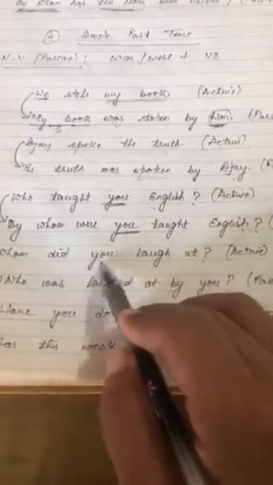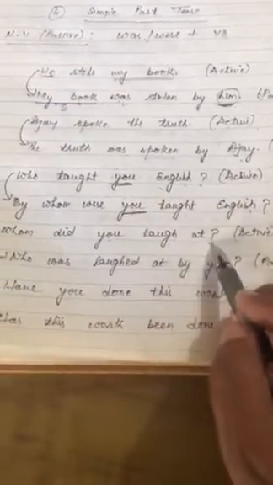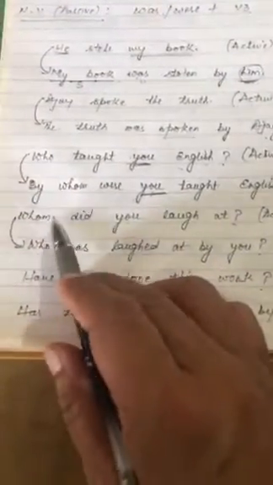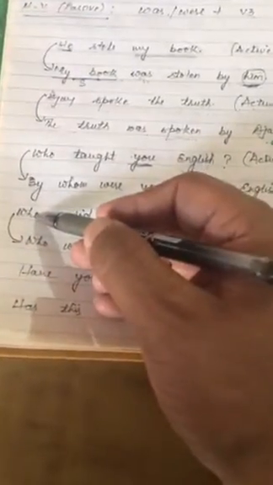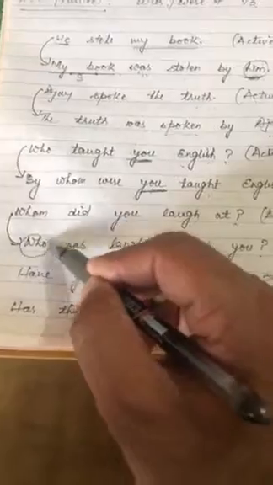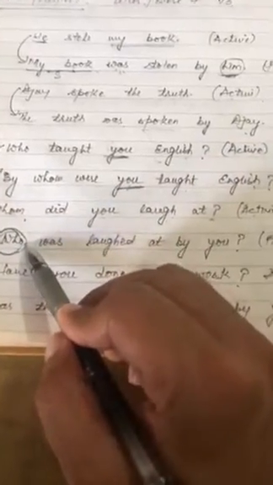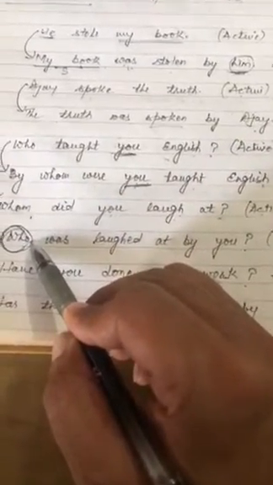Again, there is another example of an interrogative one. Whom did you laugh at? Now this sentence is in active voice. Now see again, we have used whom in the active voice. Now we have to change whom into who. So again, important sentence, note this: whom is changed into who from active to passive.